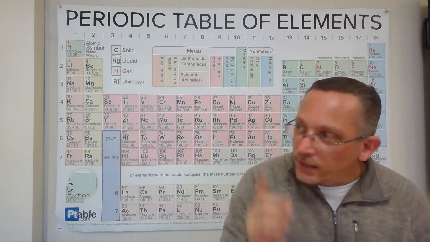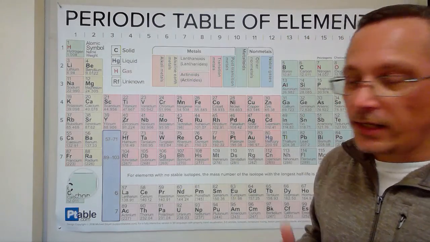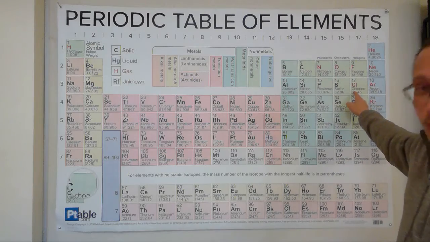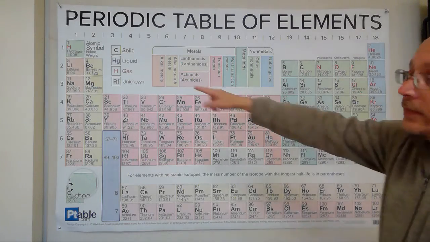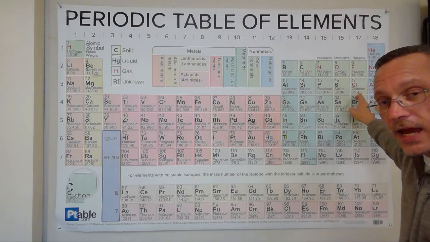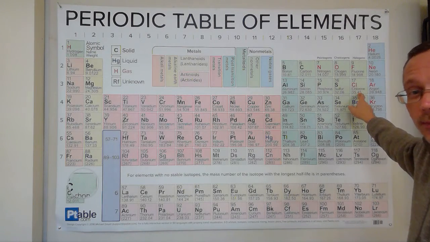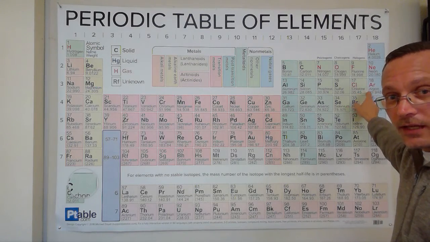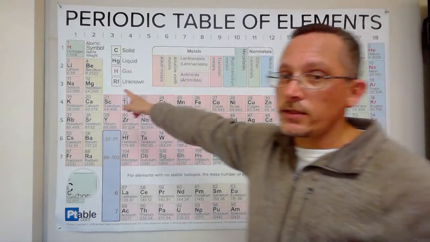But let's say instead I was making an ionic compound with magnesium and chlorine. Now magnesium is positive 2 like we just mentioned, but chlorine is in the halogens, so its charge is only going to be negative 1. So how many chlorines, how many negative 1s, do we need to balance out a positive 2?